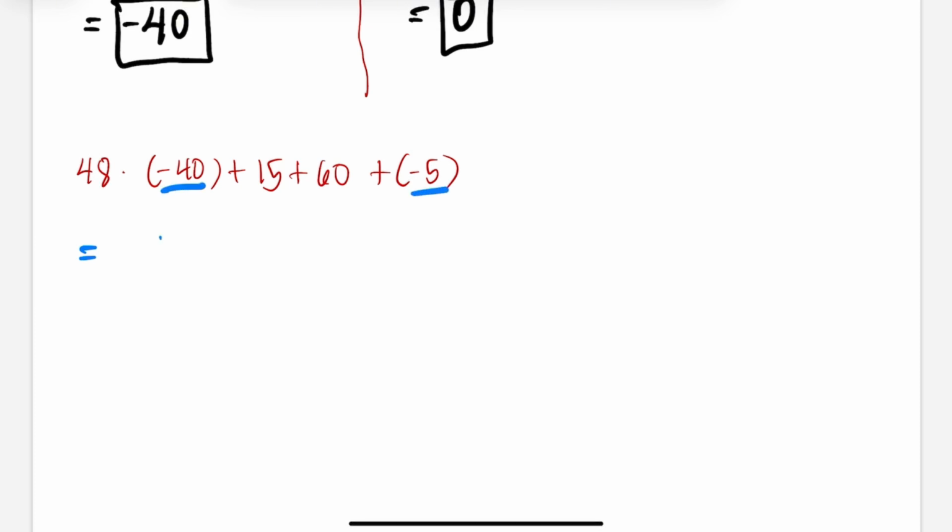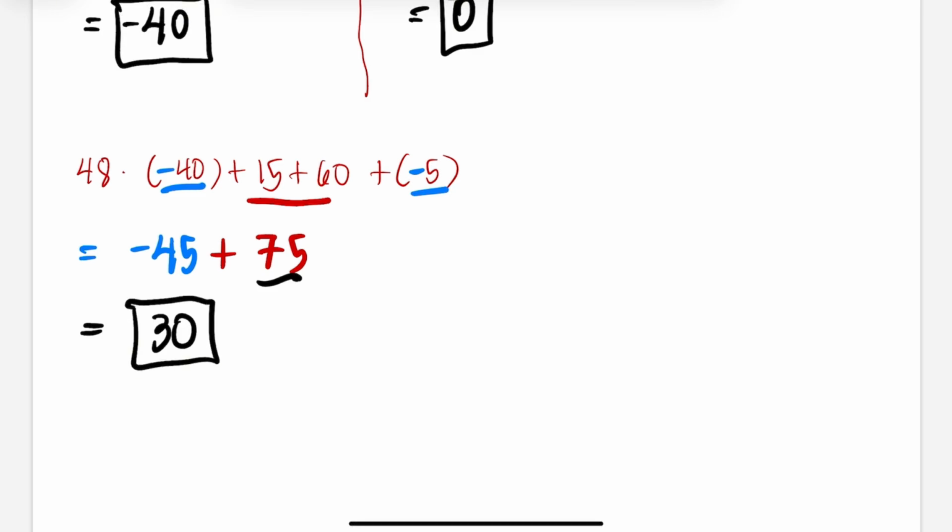So 40 plus 5, 45, and copy the sign, negative. Then we add the numbers with positive signs, or the positive integers. 15 plus 60 is 75. So we have here plus 75. Now they have different signs, negative 45 and 75. So we minus them. 75 minus 45 is 30. And then we copy the sign of the bigger absolute value, 75 positive. So it's going to be positive 30 or just 30.